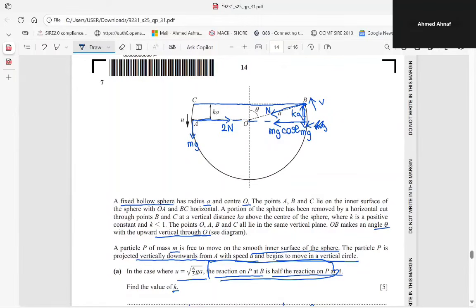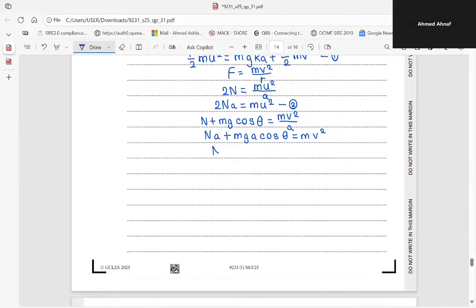From the diagram, we have a right angle triangle with hypotenuse a and height k a, and our angle theta is here. So cosine theta is the adjacent side, k a, over the hypotenuse, a, which gives us k. So this is N a plus m g k a equals m v squared. So this is the third equation.